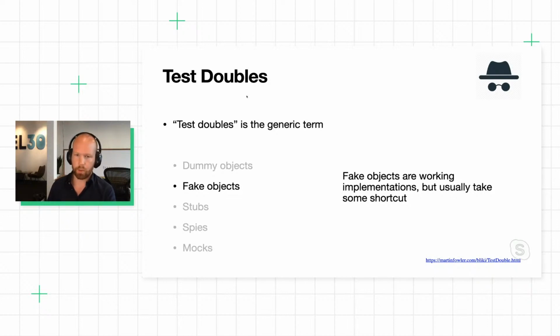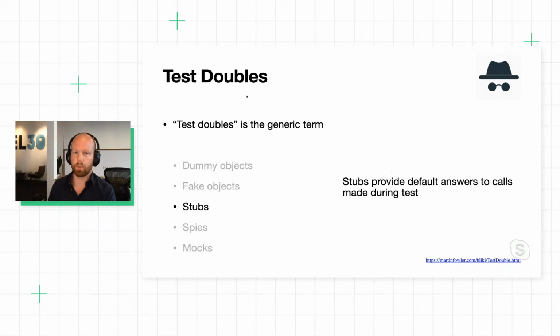Then we have stubs. Stubs are like fakes, but they provide default answers to calls made during the test, like always return an empty list or always return a list of one element. They're not really subject to change by the test suite. Then we have spies. Those are like stubs again, but they can also record invocations on the instance, so you can check if certain calls were made to the spied object.